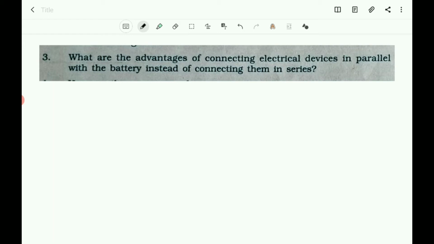And the other thing, you know that here all the devices get the same current, and some electrical appliances need more current, some need less current. So it is one of the disadvantages of connecting the electrical appliances in series.